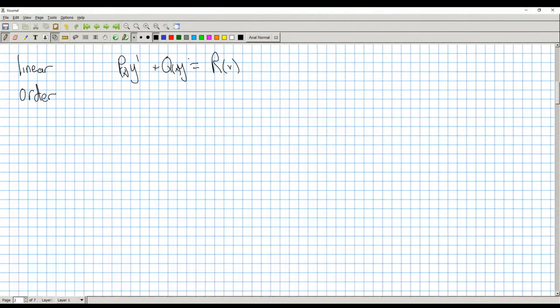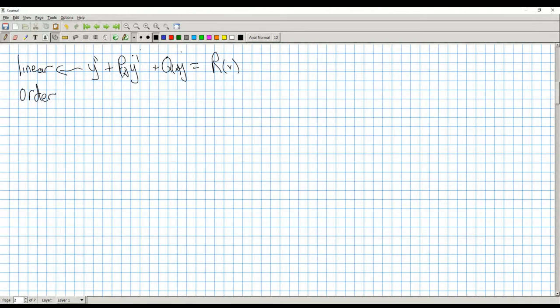So if we're talking about linear, we can have any number of derivatives of y, but the important point is they're all to the power of 1. None of them is of a greater power. If that is the case, then we're talking about linear.